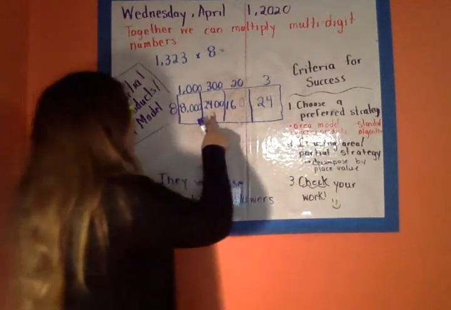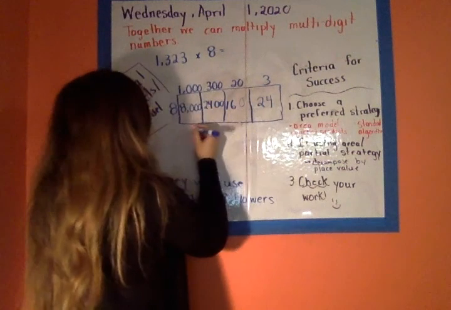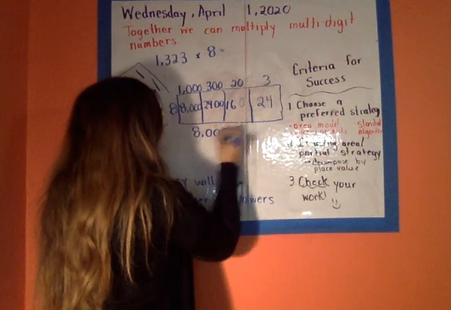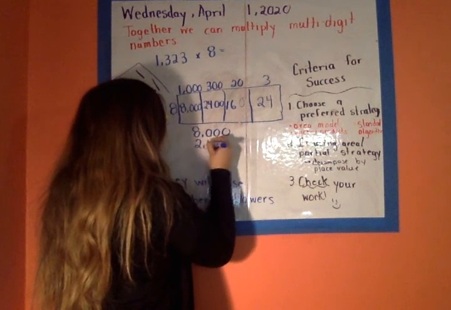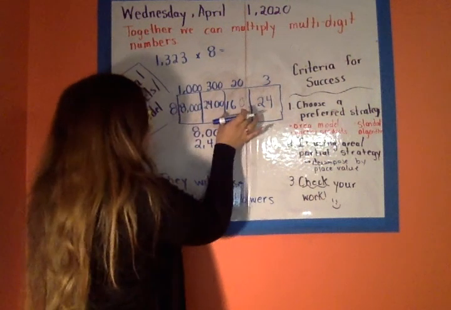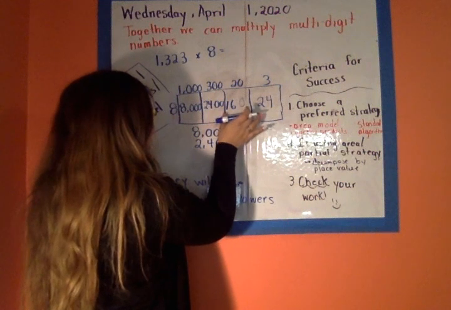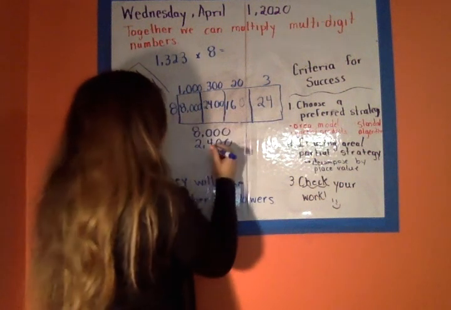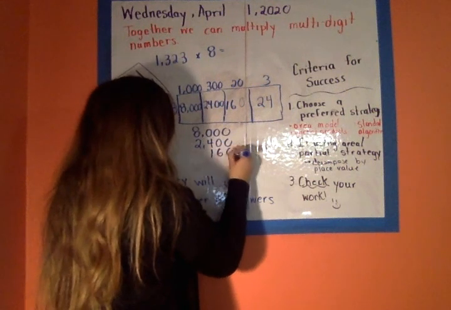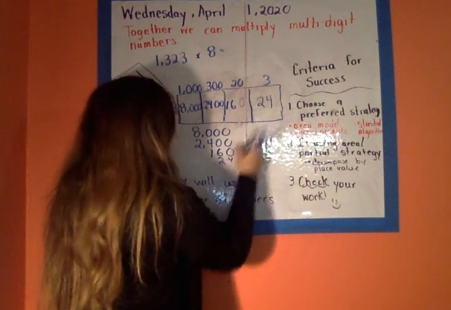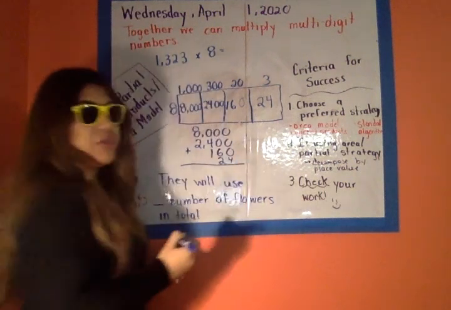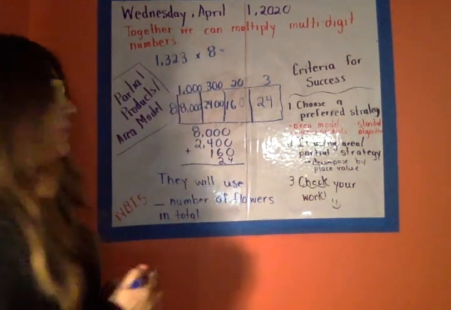We are going to now add my partial products. For this, I want to make sure I'm stacking correctly and lining up my place value. Since this only has hundreds place values, I'm going to slide it over just a little bit. And same thing for 24, right? So let's add up our partial products and let's see what we get.